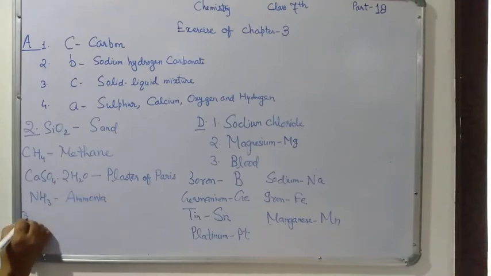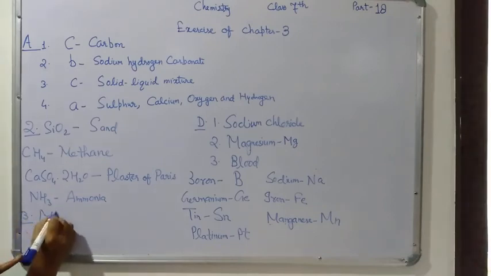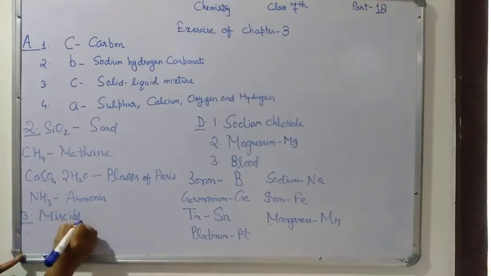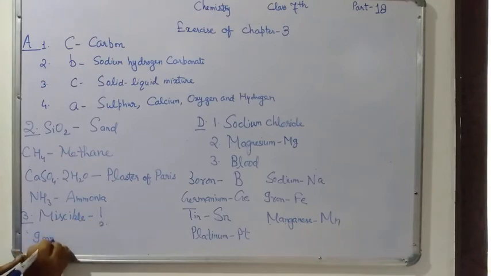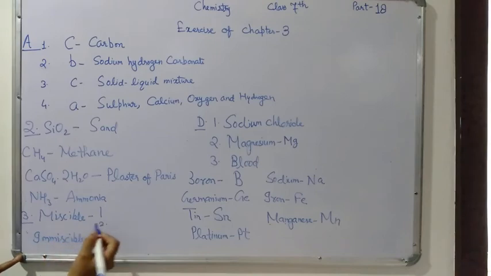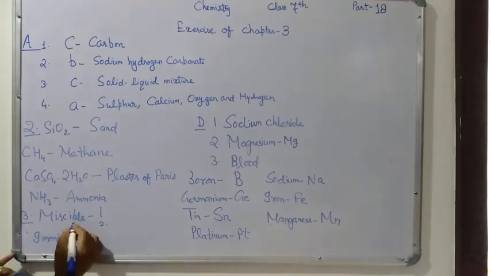Now the third question is two examples of miscible liquids. You have to give two examples of miscible liquids and immiscible liquids. I explained you miscible liquids are the liquids which can dissolve in each other. The liquids which completely dissolve in each other and make homogeneous mixture are called miscible liquids.